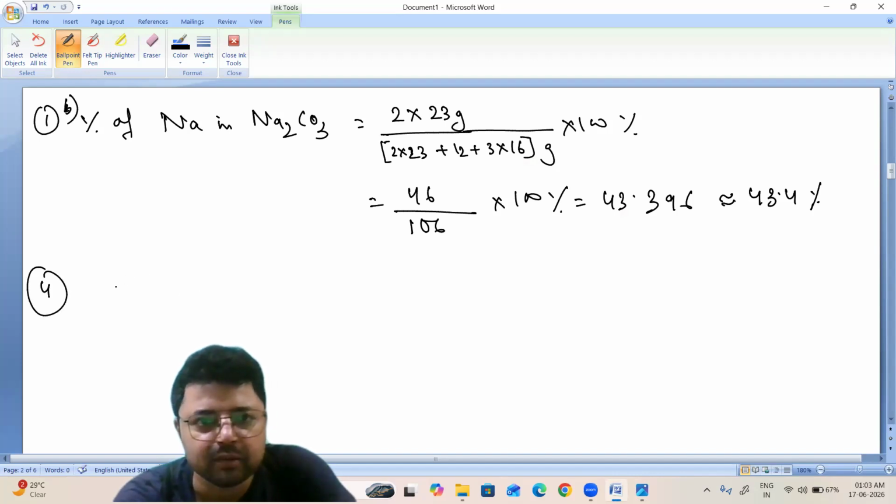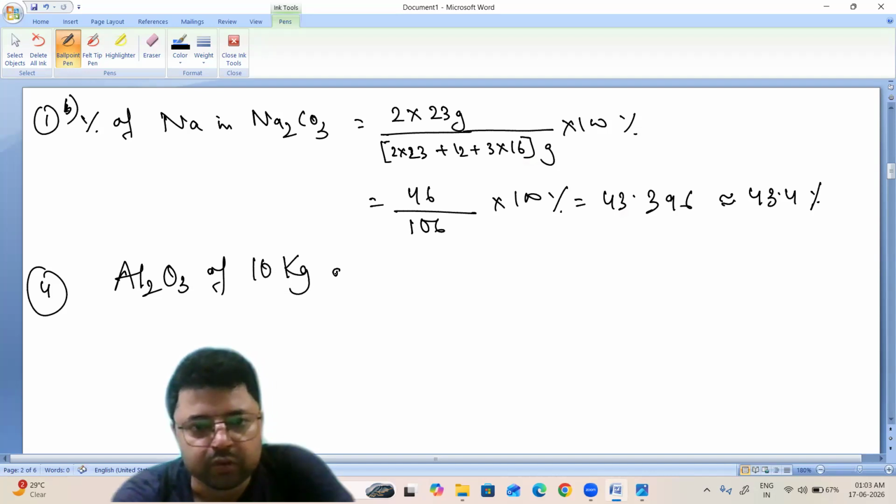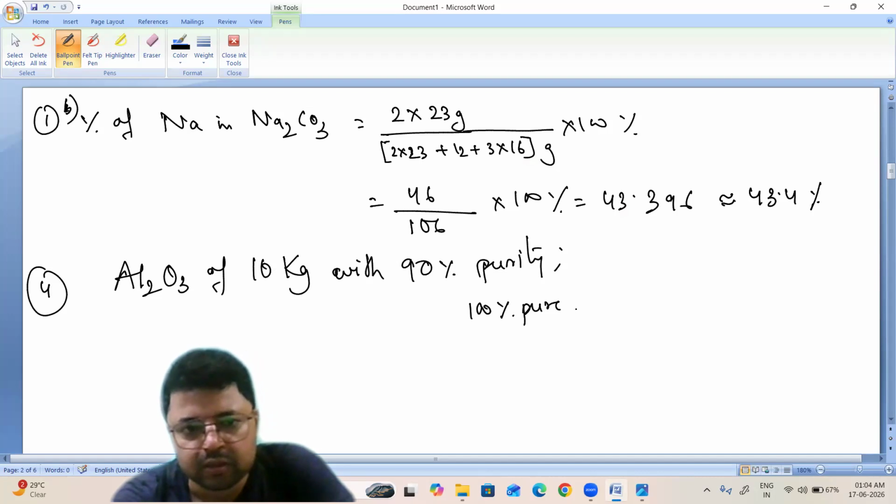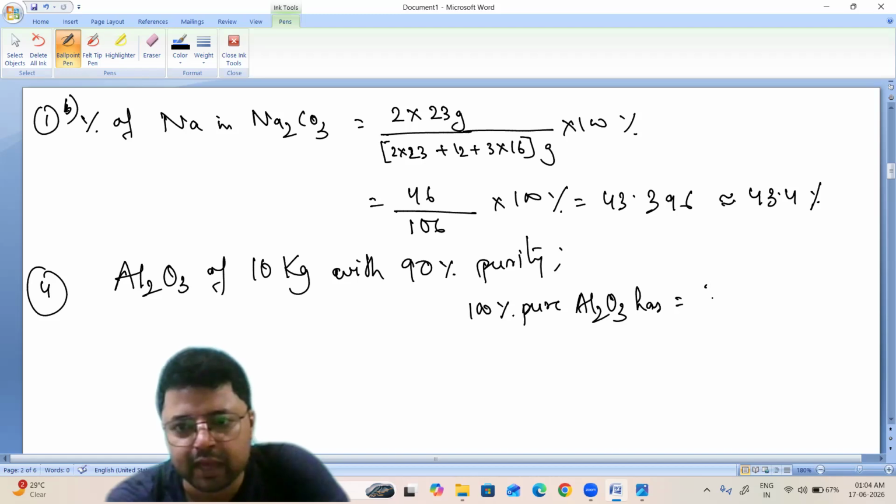You have aluminium oxide of 10 kg with 90% purity. Okay, so you just have to do the unitary method, that is 100% pure Al2O3 has 2 into aluminium.